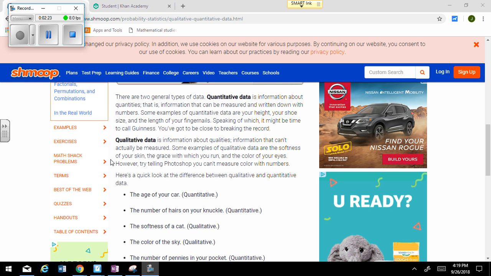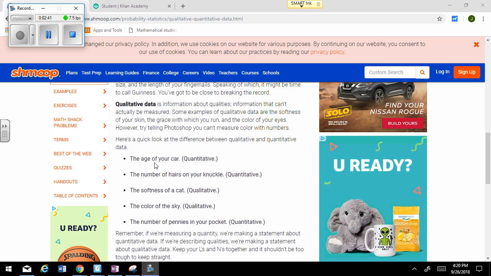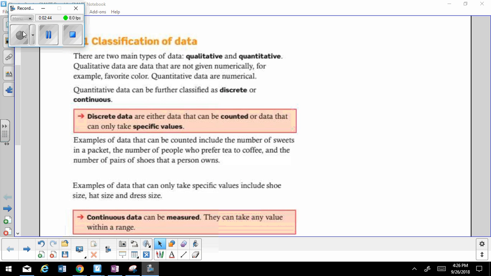That way you can put people in different categories. But again, that's a system you have to come up with. So if you have to do that, that's qualitative. If it's something where you can get out a ruler or a scale and measure something, then that's quantitative. So if you need to add anything to your notes based on this, you can. There's also some examples here.